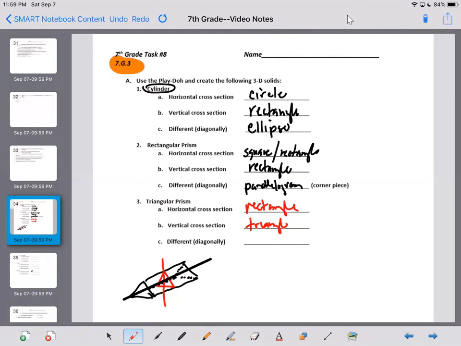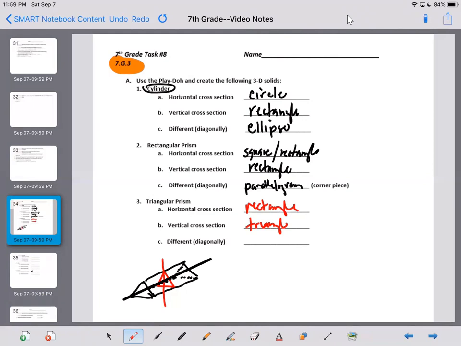Or you might want to stay with maybe some string, and students can work in pairs. One can hold it, the other one can slice it with that fishing line. That just gives you a nice cut where the kids can then open it up and see what shape they're dealing with.